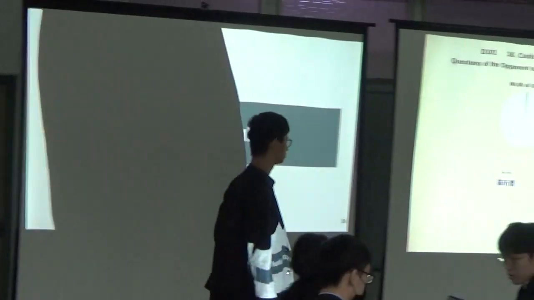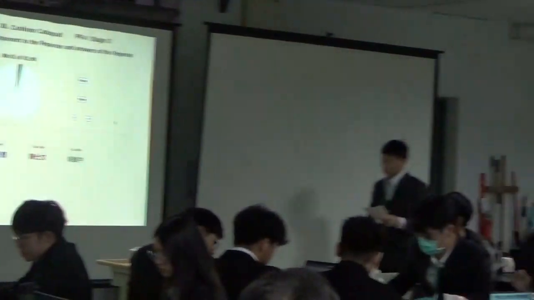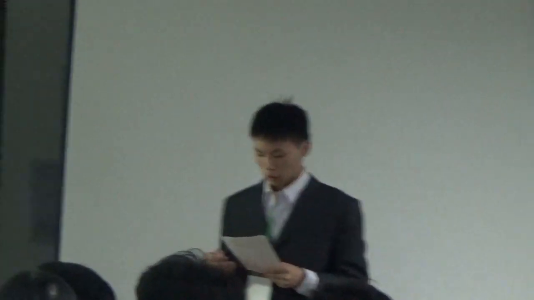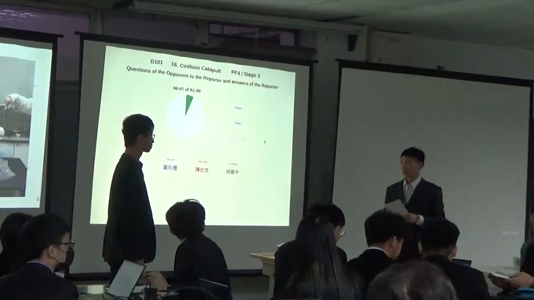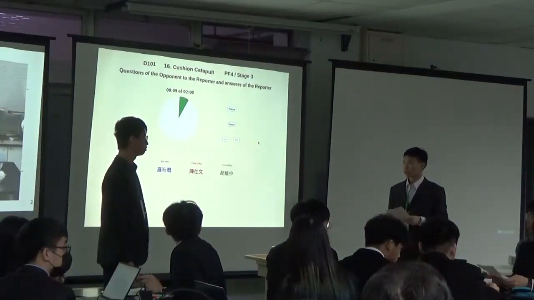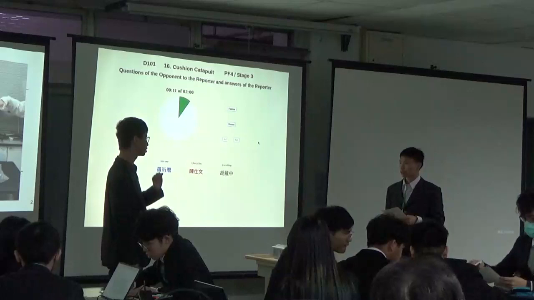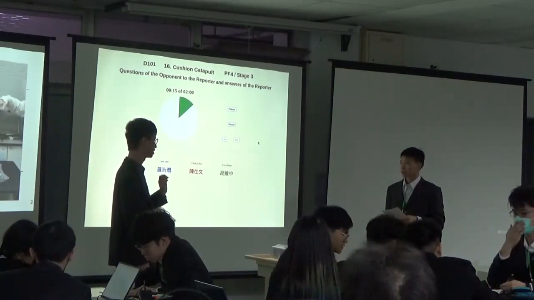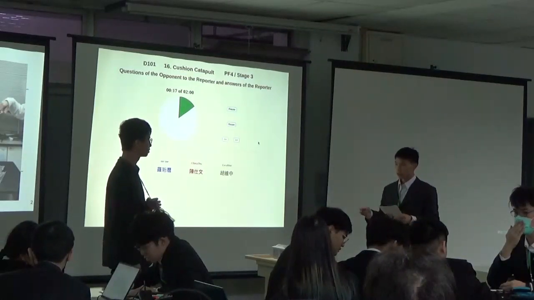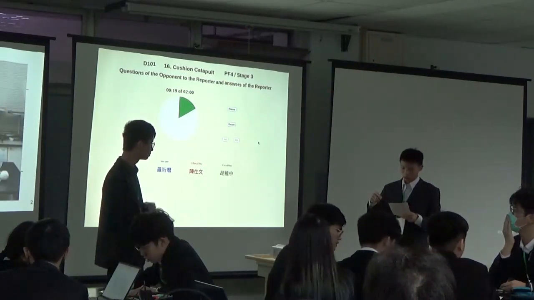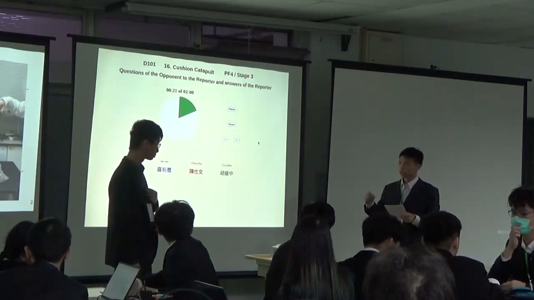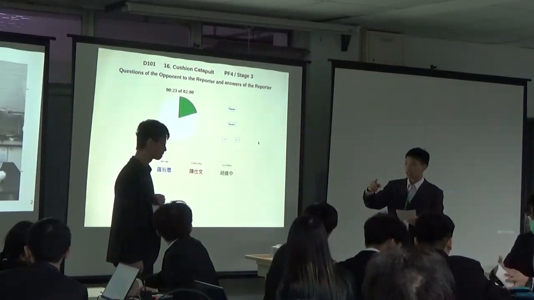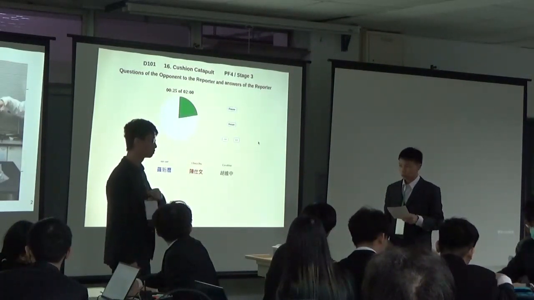So, the important questions. First I have some questions for you. How do you measure the exit velocity? We measure the x velocity by using Tracker to analyze the displacement change over time. In your theory, you mentioned V equals square root of 2gh. Is that for the exit velocity or the ball that you drop?